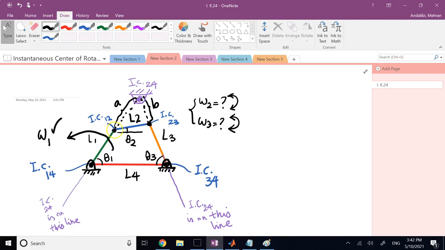I say the velocity of this point, whatever it is, is equal to basically L1 omega 1, correct? So now, to make it easier for you, I would give them some names.